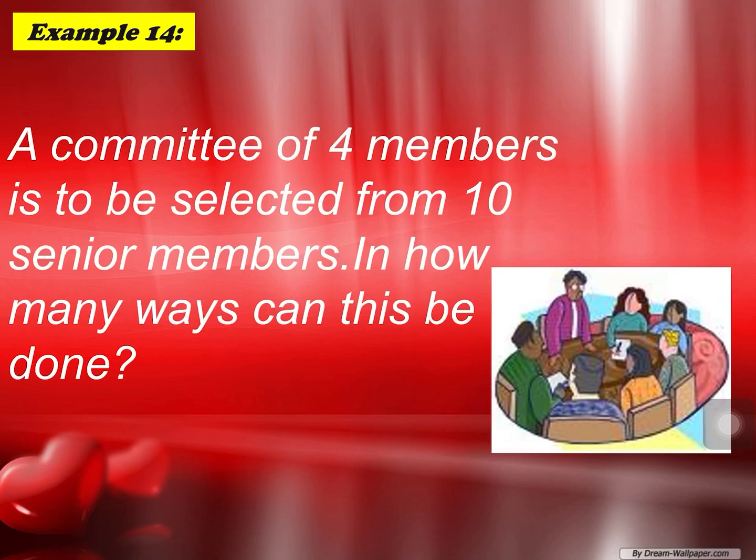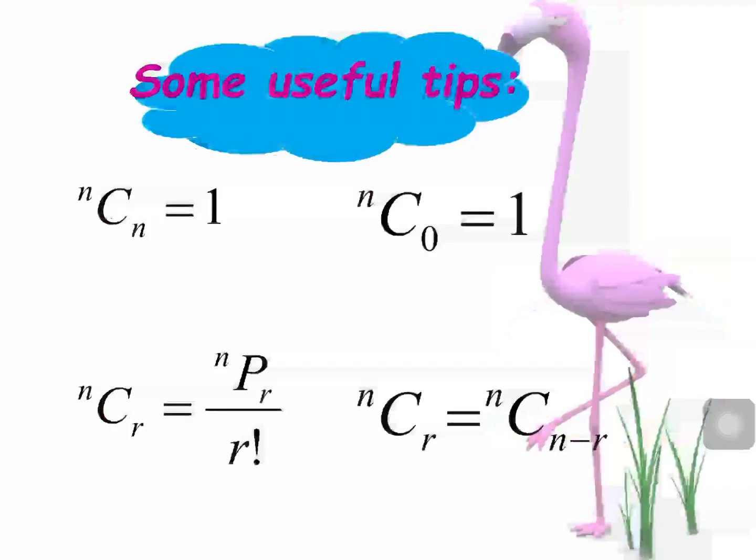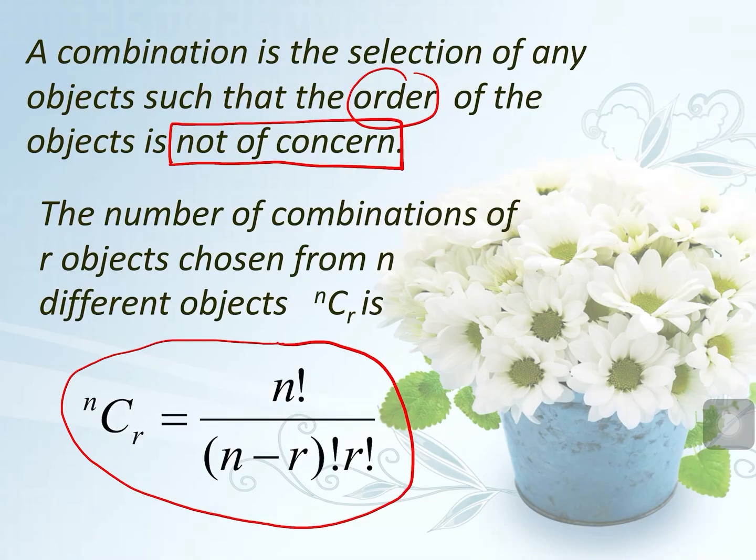Okay, so let's look at example 14. A committee of 4 members is to be selected from 10 seniors. In how many ways can this be done? Because I forgot to mention to you that combination questions must use certain words.